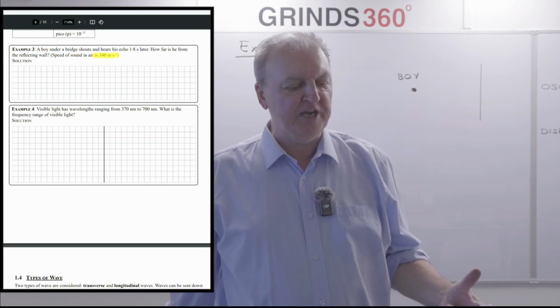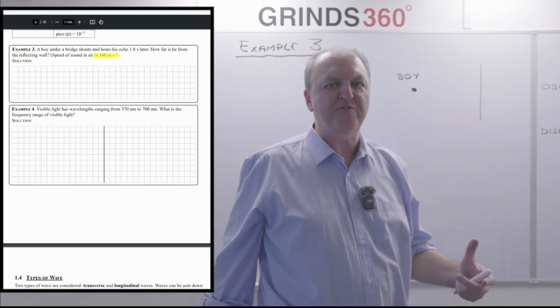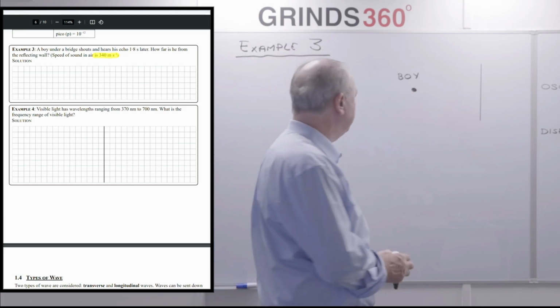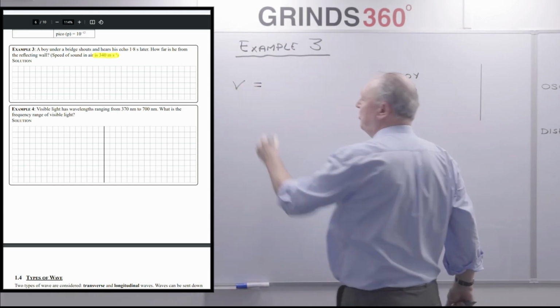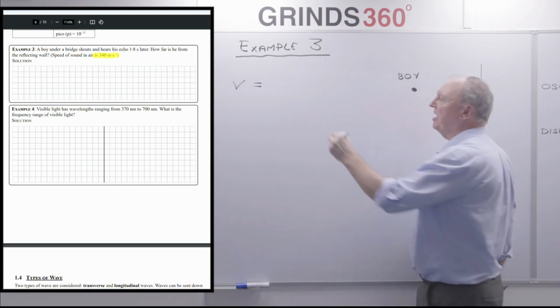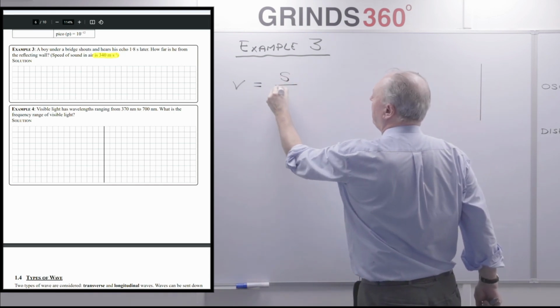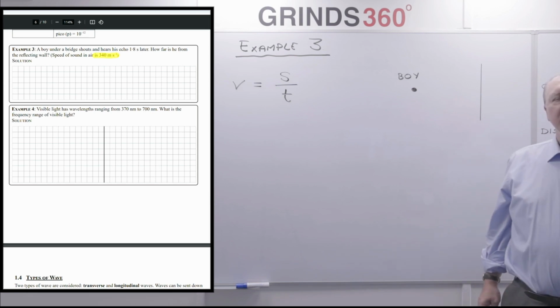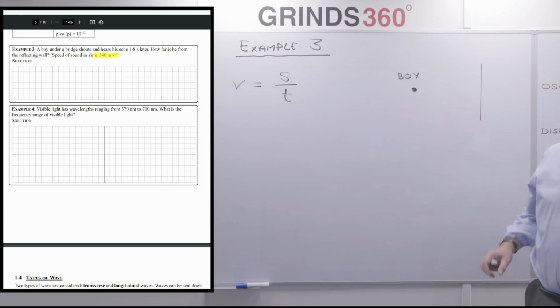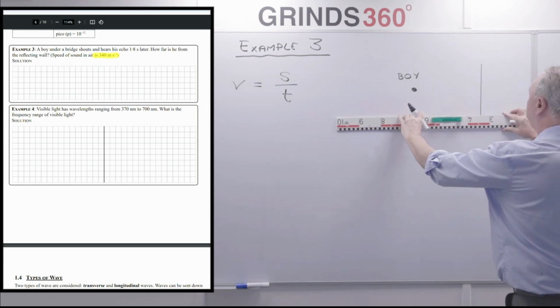Now, what I'm going to use here is just your general formula for velocity or speed. I'm going to use the formula velocity, v, is equal to distance divided by time. You're asked to find the distance the boy is from the bridge.